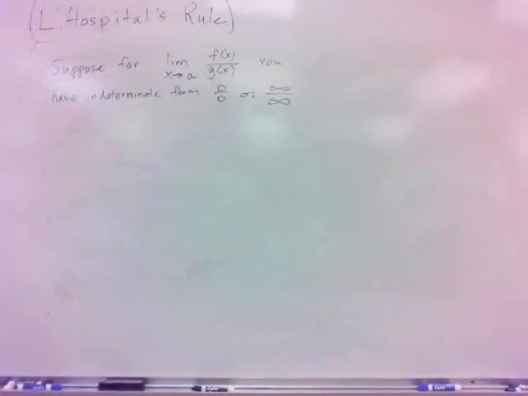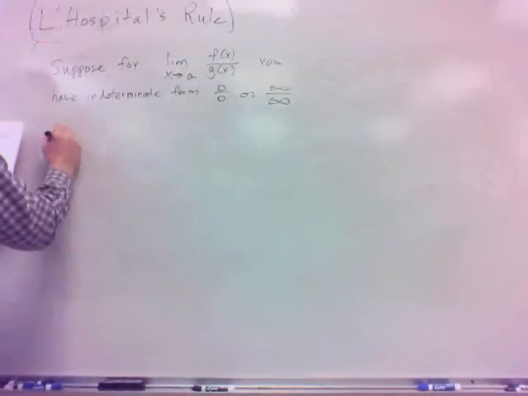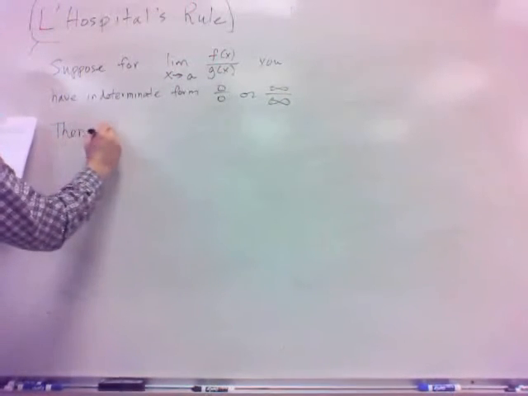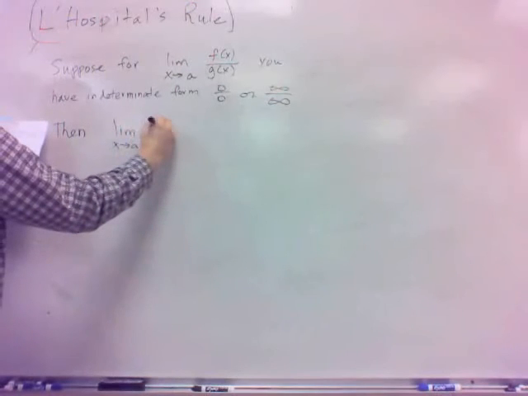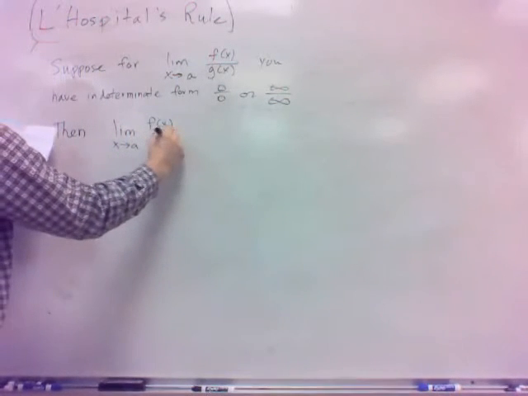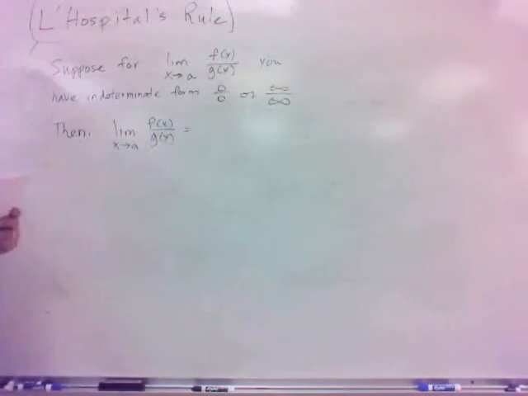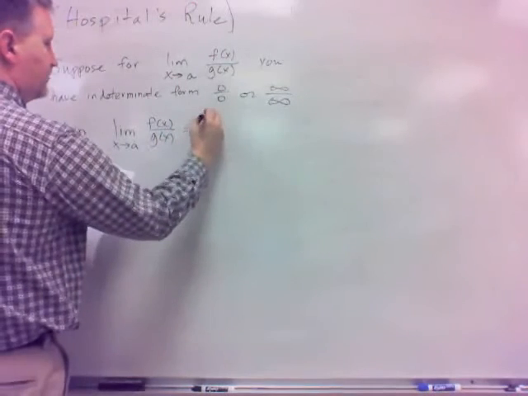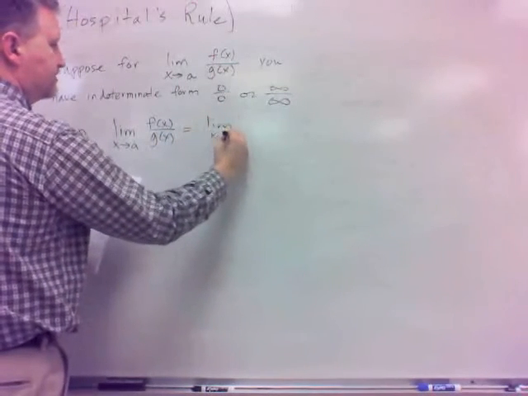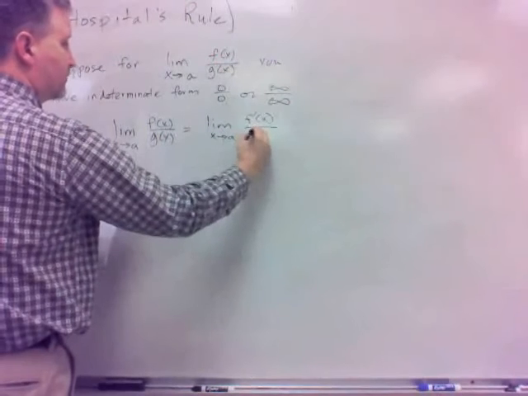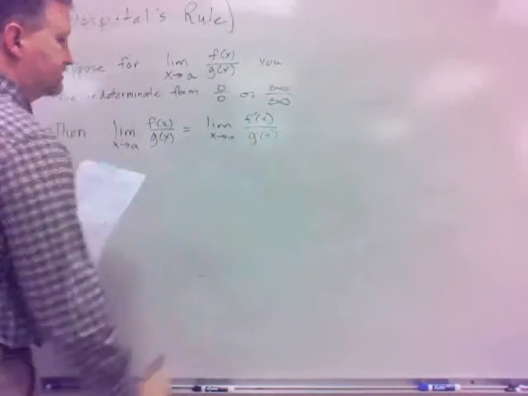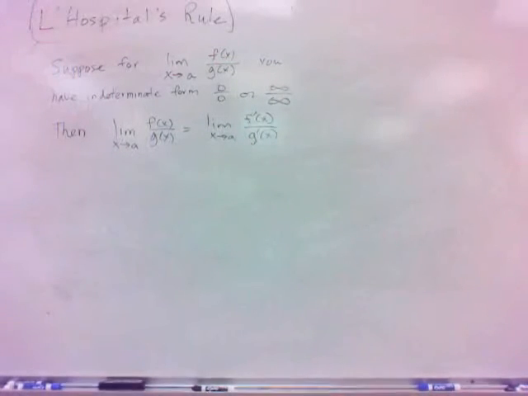If that's the case, then L'Hopital's rule states this: the limit as x approaches a of f of x over g of x is equal to, now catch this, the limit as x approaches a of the derivative of f of x over the derivative of g of x, f prime over g prime.